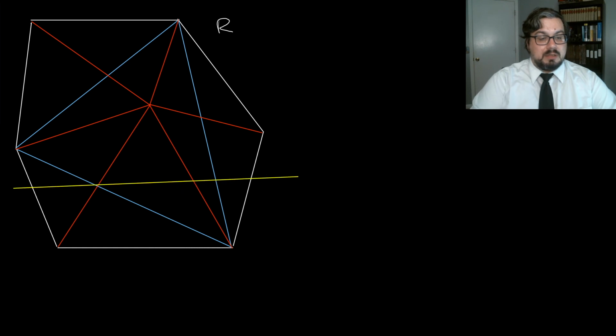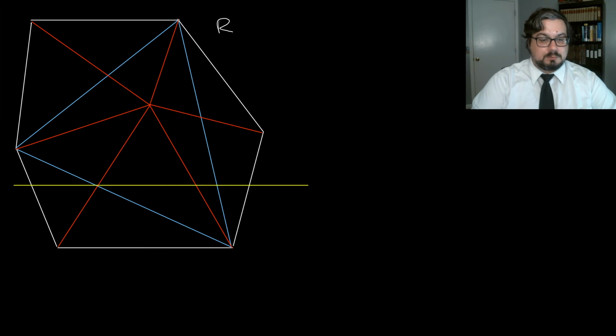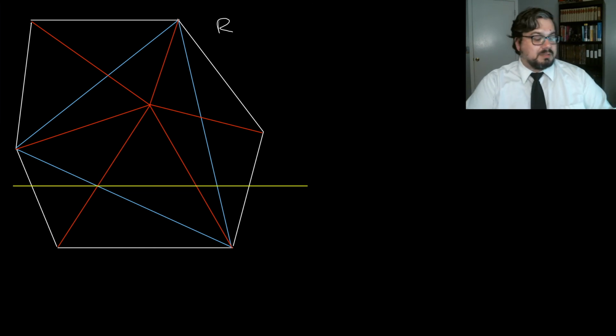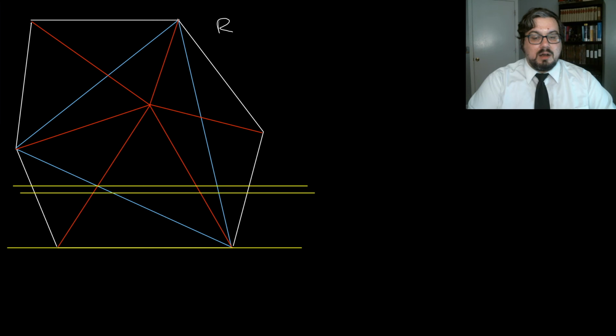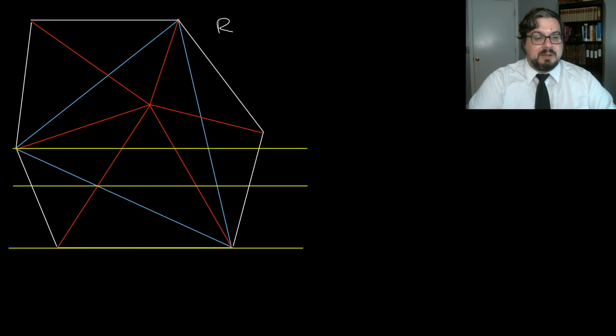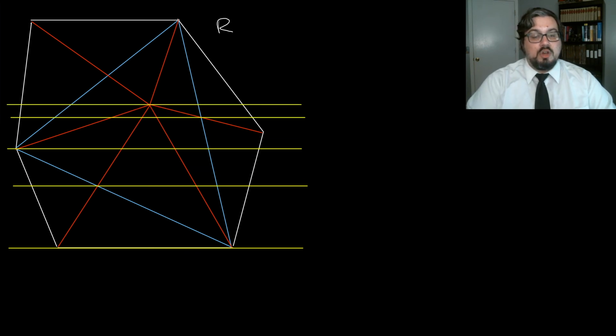We're going to start drawing some horizontal lines, and we're going to draw these lines in such a way that they intersect any point on the graph that is an intersection of any of the lines that are contained in one triangularization or the other.